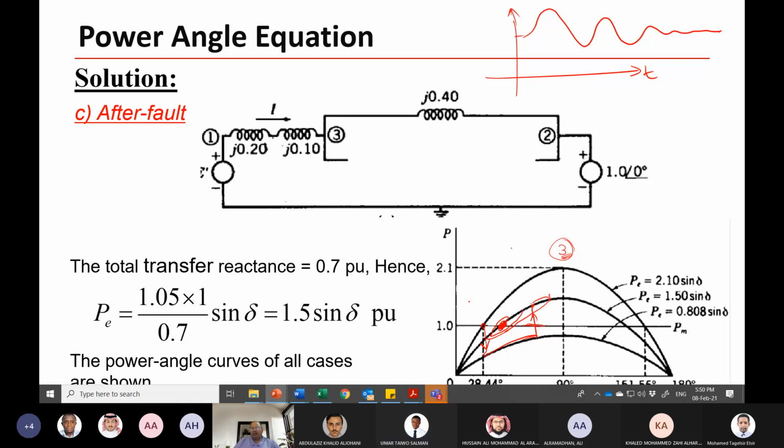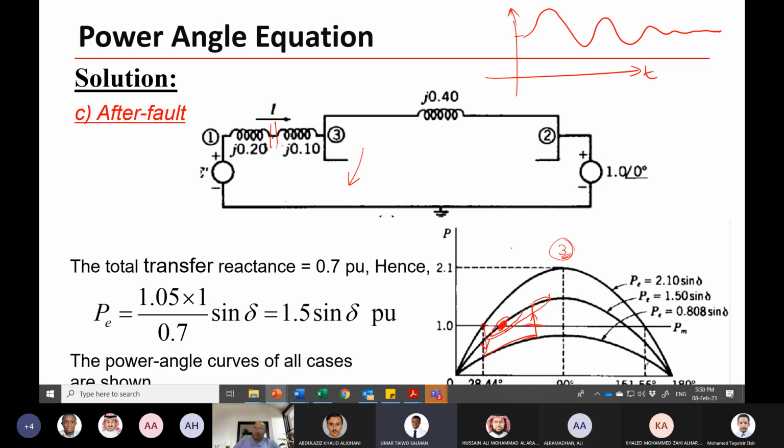Just by tripping the line, definitely you will be lower here. Is it clear? By tripping the line, definitely you will be lower, and the impedance will be higher. Now, if you trip the line and at the same time add a series capacitance here, in this case you have a bigger value. But this is not the case here.